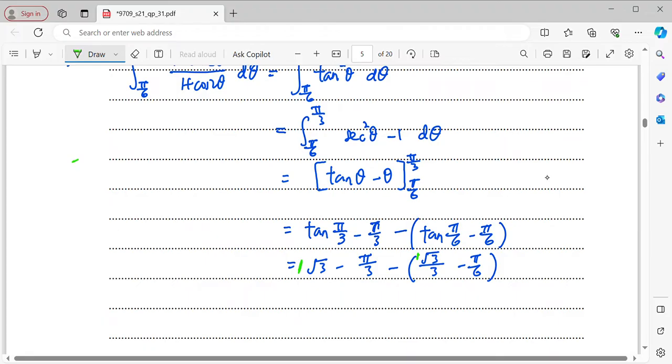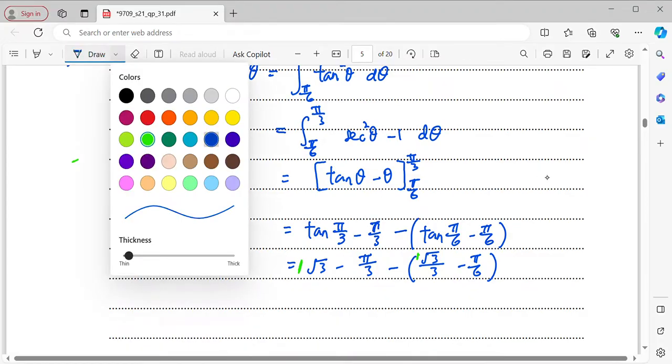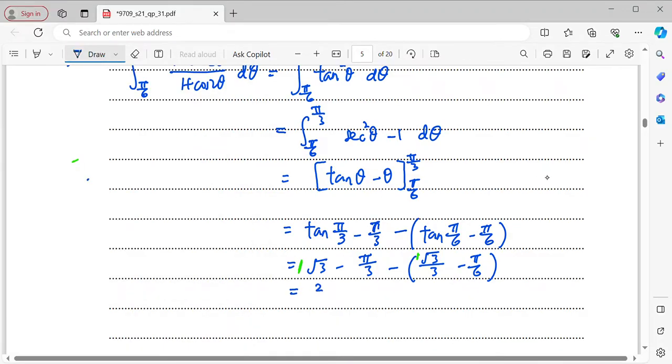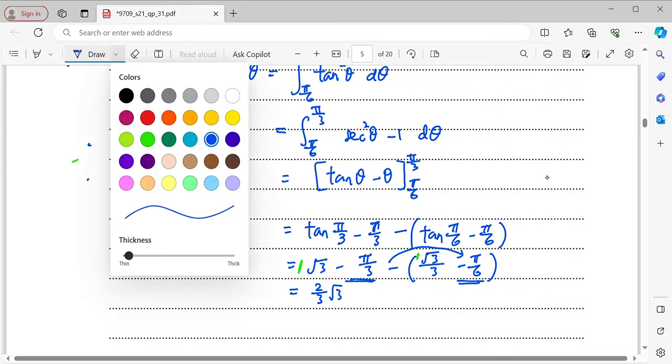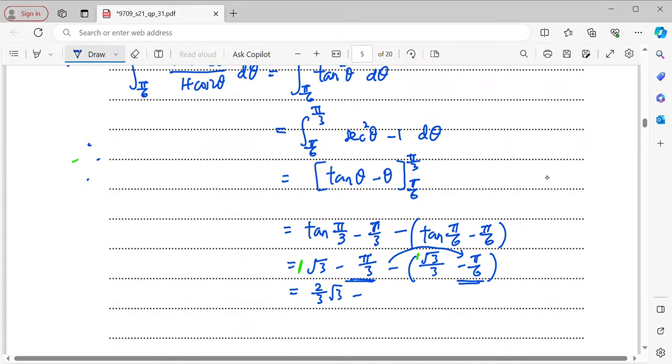So 1 minus 1/3 will be 2/3. Therefore, I will write it as 2/3 of square root 3. For the second and last terms, when you simplify this, don't forget the minus, bring it in, and at last you'll be getting negative 1 over 6 pi. So that's the solution of this question.